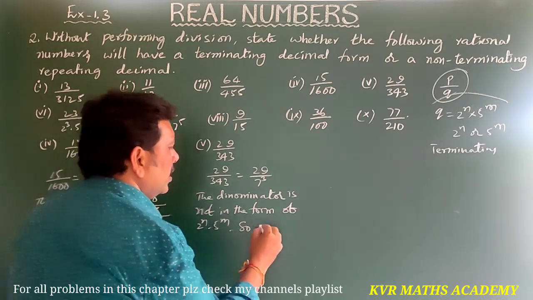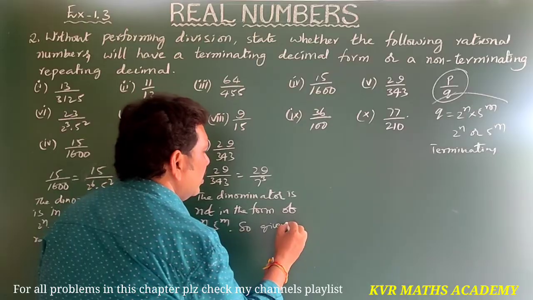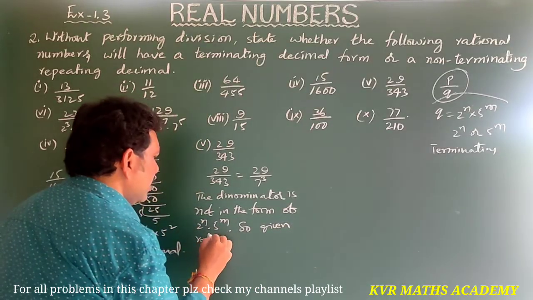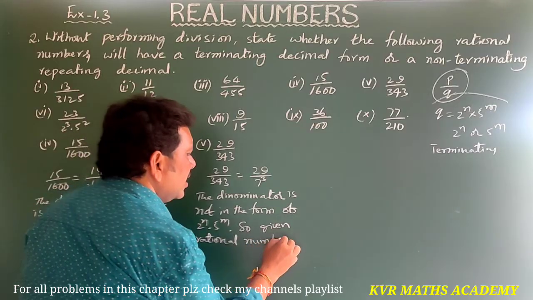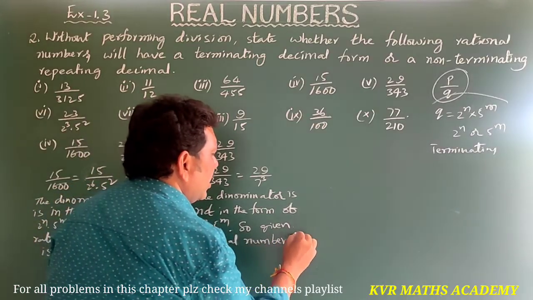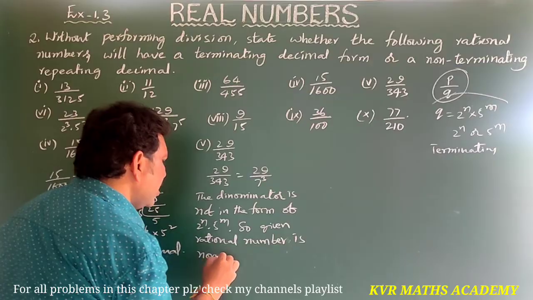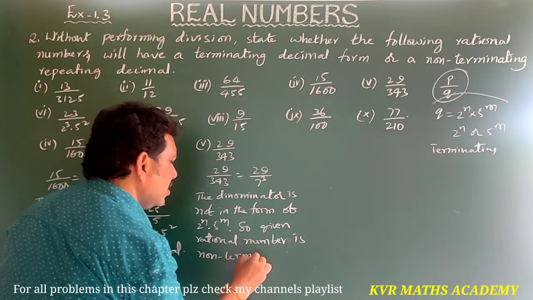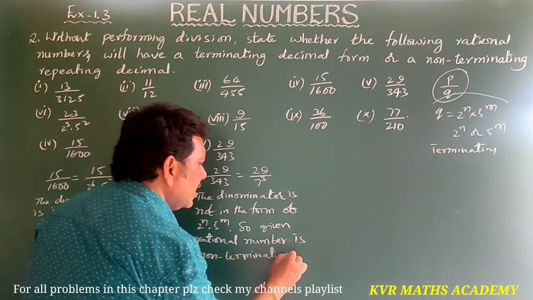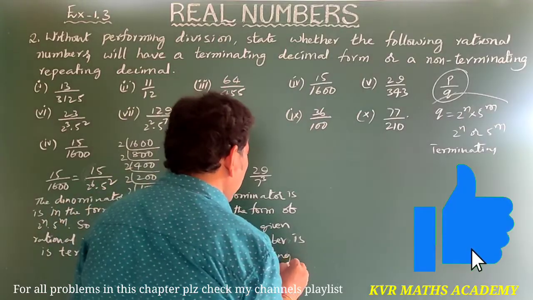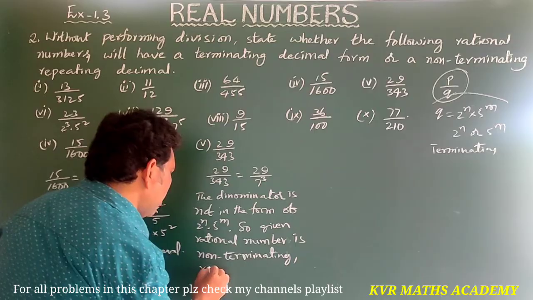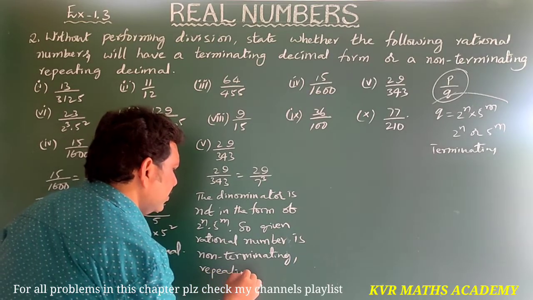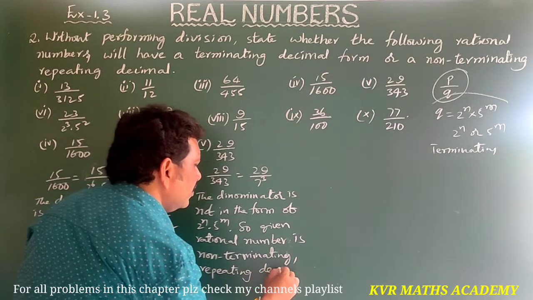So given rational number is non-terminating repeating decimal.